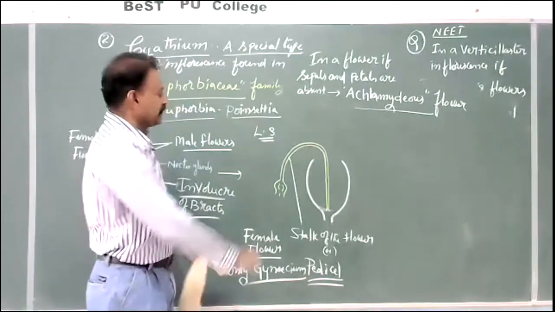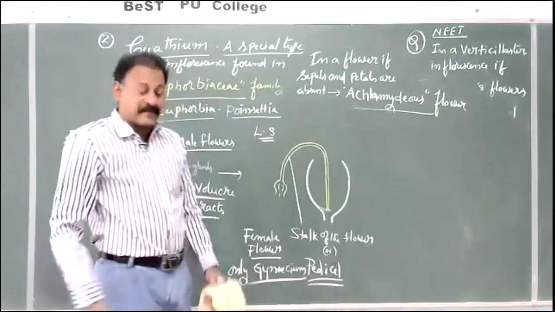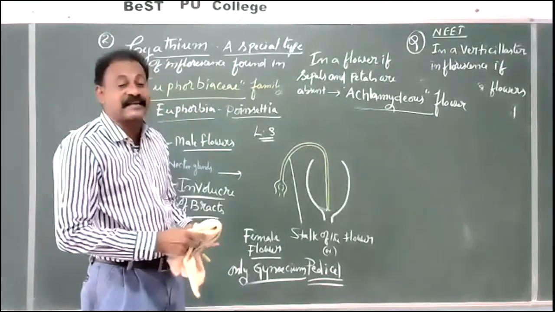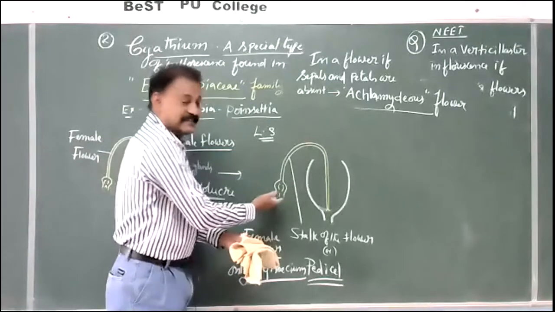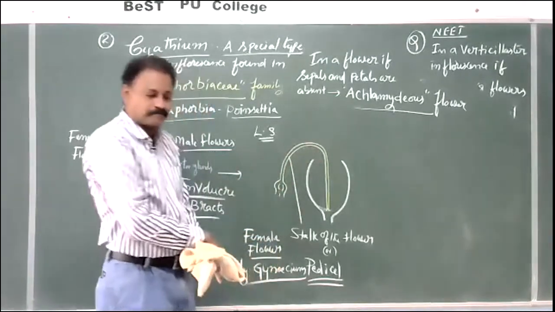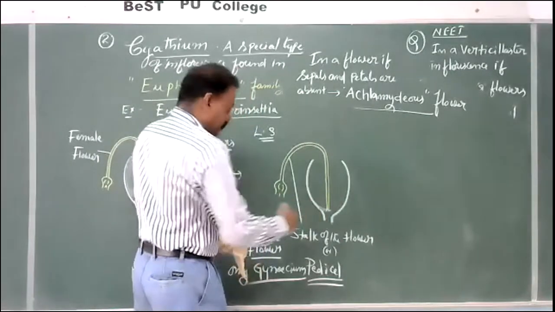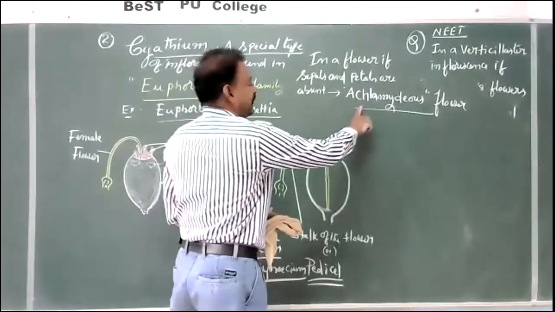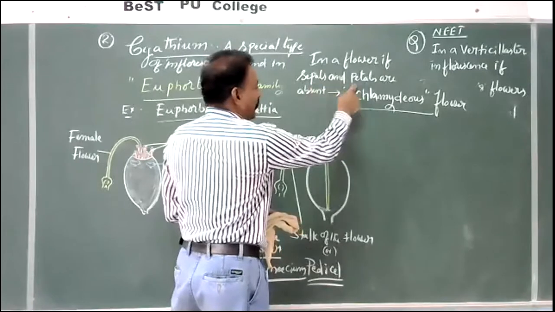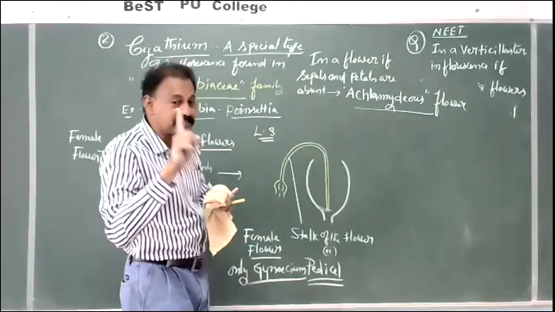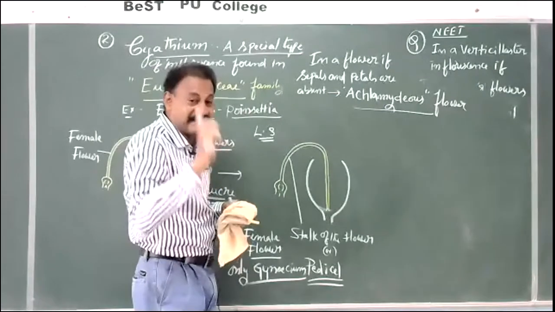So this is a flower, but generally if people do not have a biology background, they cannot imagine that it is a flower. It is a flower. And it is surrounded by so many achlamydeous flowers. Achlamydeous means no sepals and petals, and they are represented by only stamen.